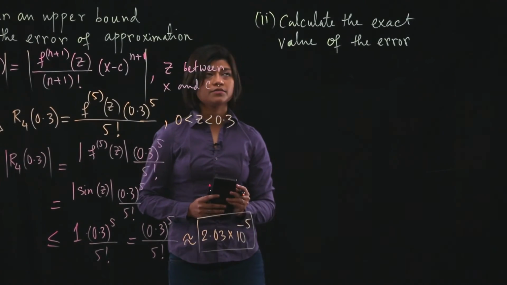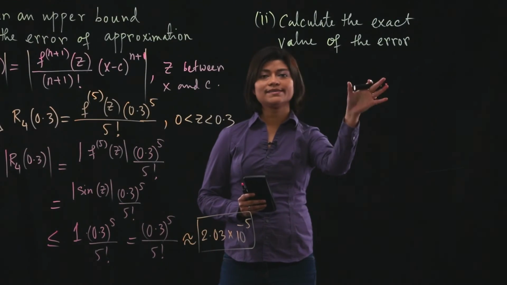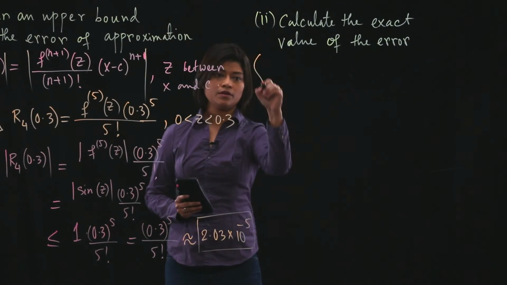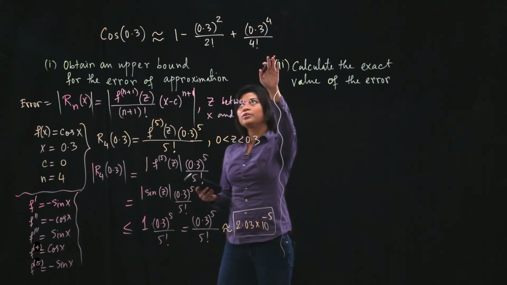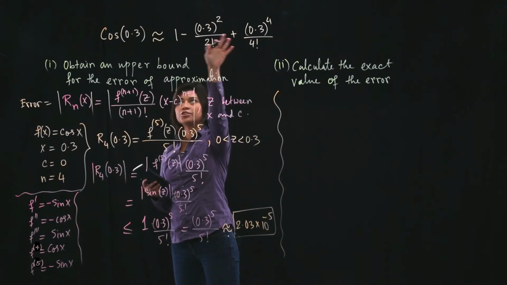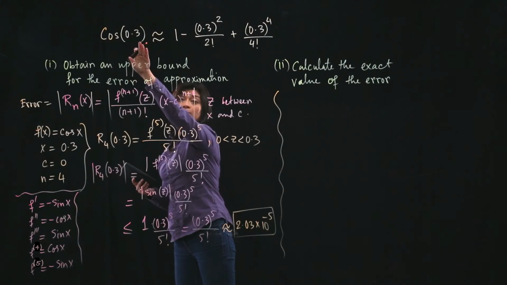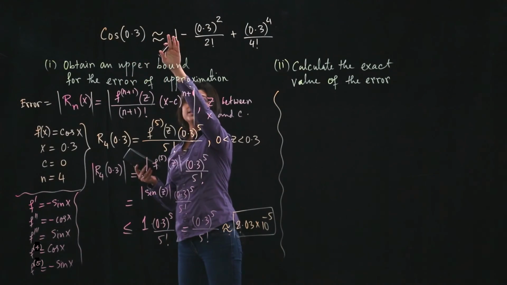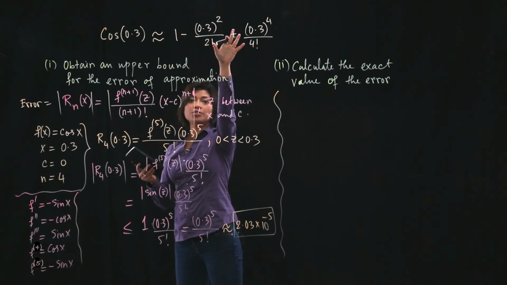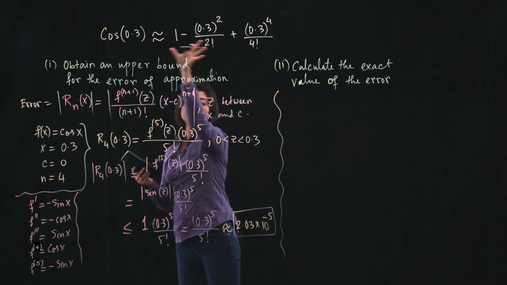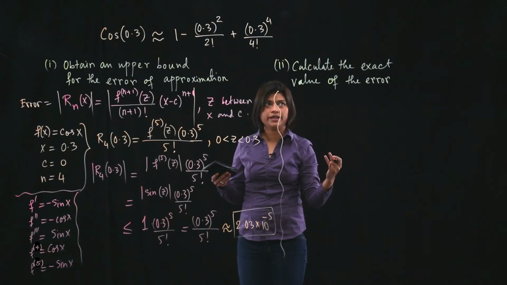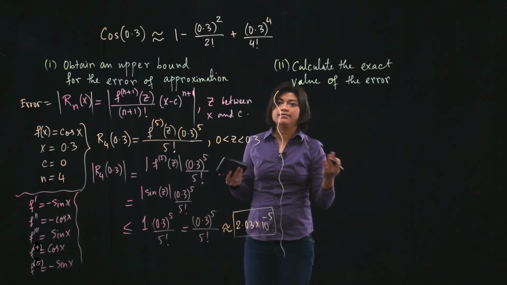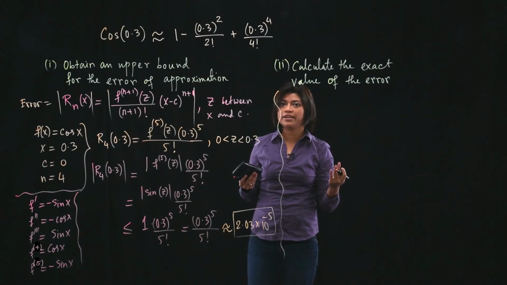The second part of this problem is we have to calculate the exact value of the error. What is the exact value of the error? Look at our given information at the top. Cosine of 0.3 is the actual value and is approximated by this polynomial. So you subtract the two values and take the absolute value because we need the error to be positive, and then you will get your exact value of the error.